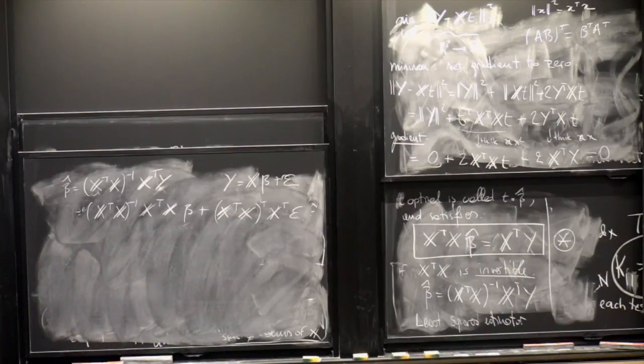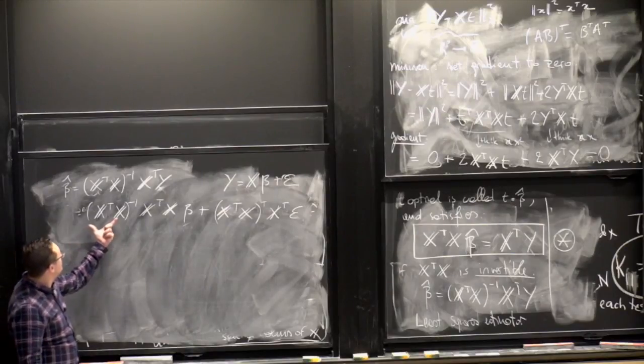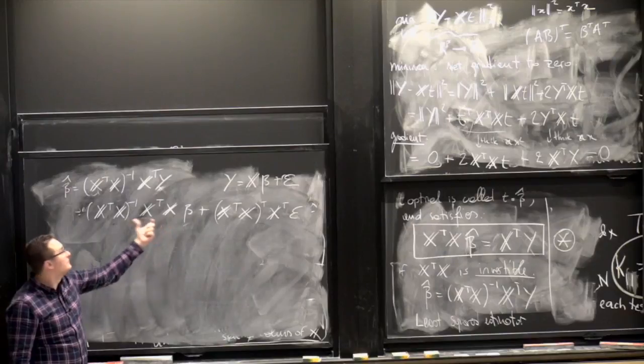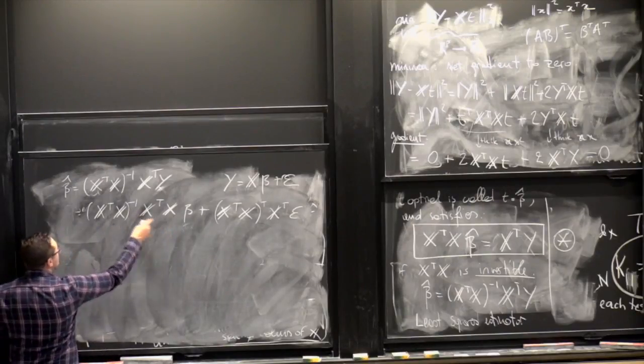OK? And here comes the magic, right? I have an inverse of a matrix, and then I have the true matrix. I have the original matrix. So this is actually the identity times beta.